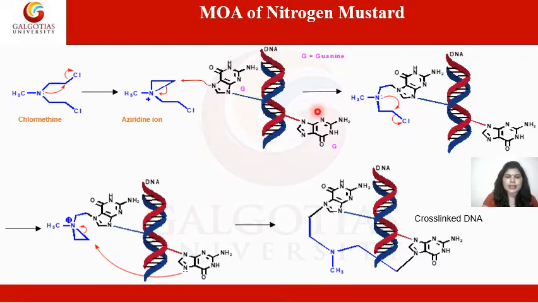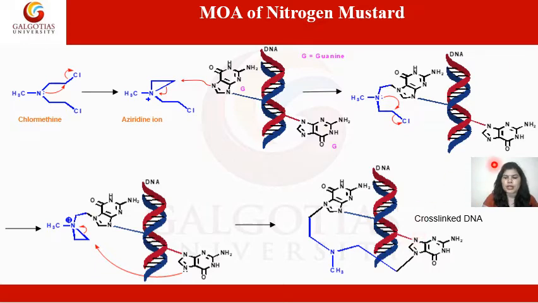After that, the other chloride ion is removed and makes another aziridinium ring, which also acts on guanine and makes a covalent bond with the DNA. This alkylating agent then causes intrastrand and interstrand cross-linking. This will prevent the replication of the DNA.